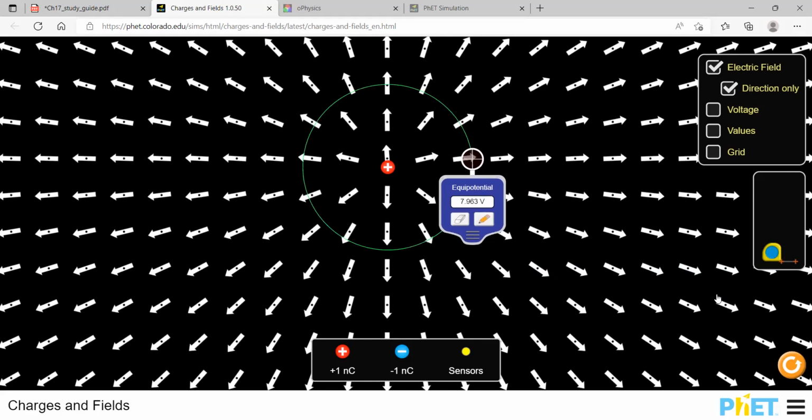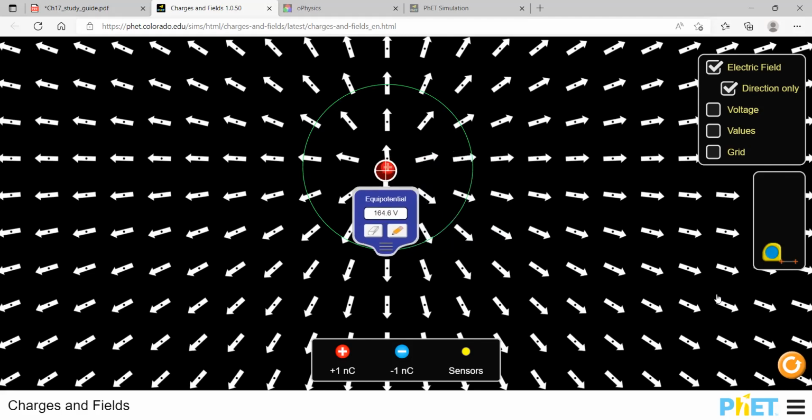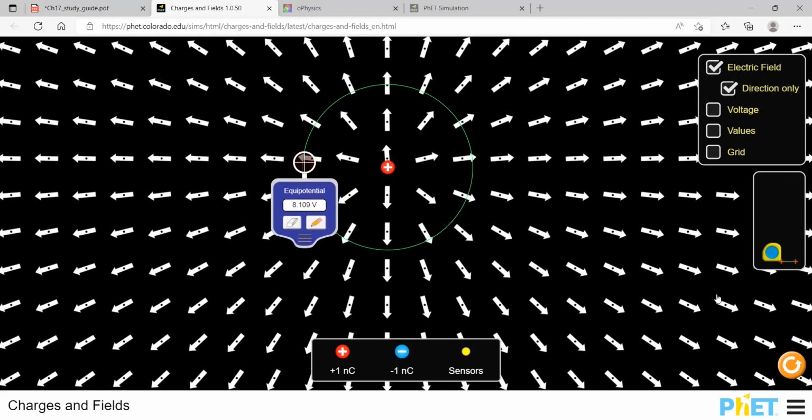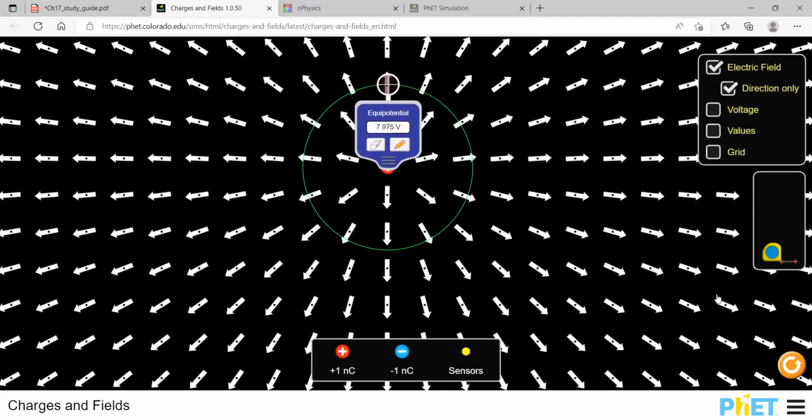For example, here it draws a potential with the magnitude of 7.959. You see it draws a circle, and everywhere in this circle the potential is 7.96. This is the equipotential. If it is exactly on the green line you see 7.96; it's probably not exactly on the green line where we put it on the other side, so it's a little different.